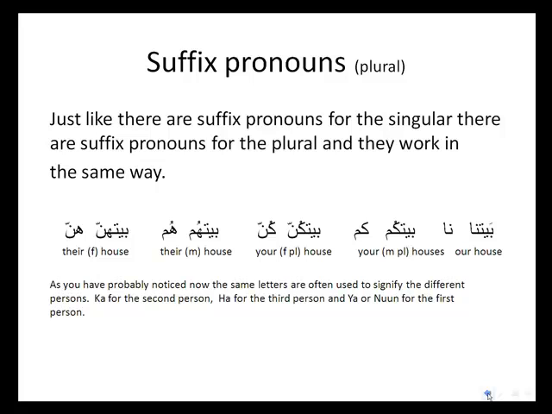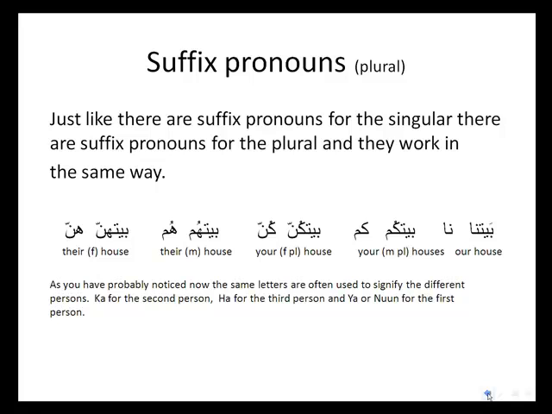So for the second person we have the kaf, beituka, beituki for the singular, and beitukum and beitukunna for the plural. And for the third person we have the ha, beituhu, beituha for the singular, and beituhum and beituhunna for the plural.